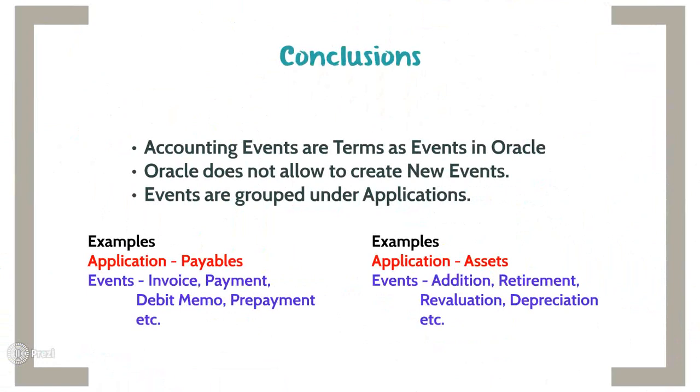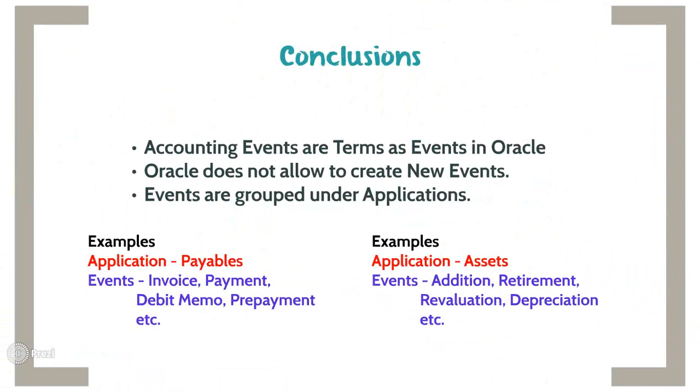So then we say these events, Oracle groups together and makes one application. So you can see the examples of how the events are grouped. In the payables, you have already done these events, right? And accounting for it. So invoice, payment, debit memo, prepayment applications. All these events are grouped into which application?